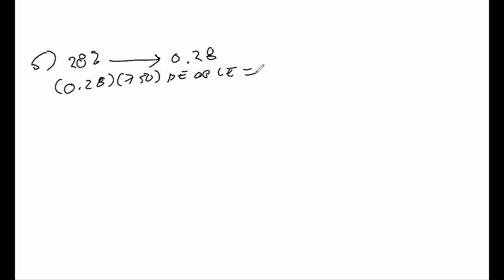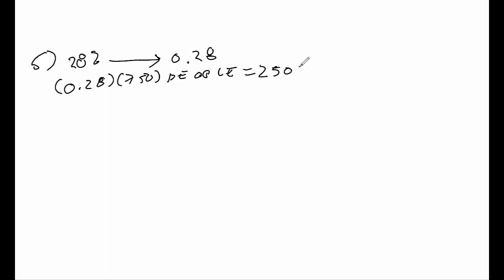So when you multiply 0.28 times 750, you find that you get 250 people.